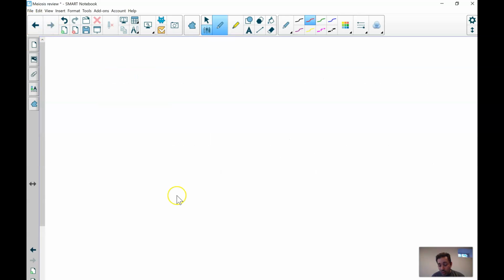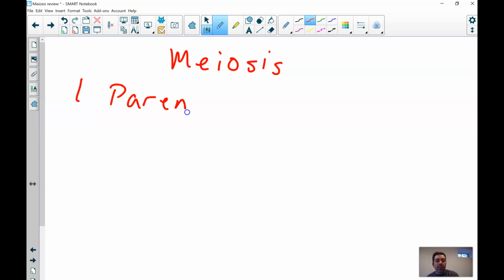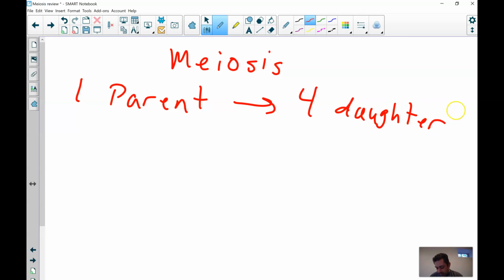So to review, in meiosis, we still start out with 1 parent cell, but here we end up with 4 daughter cells, not just 2. It divides twice.